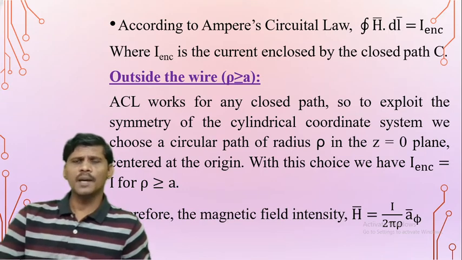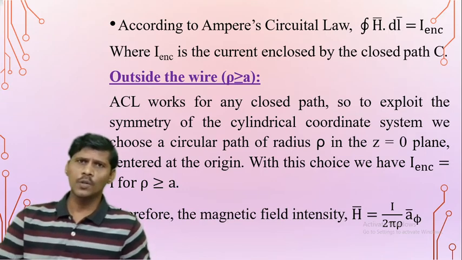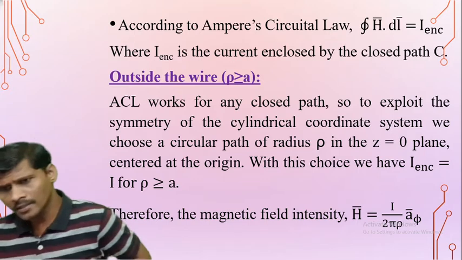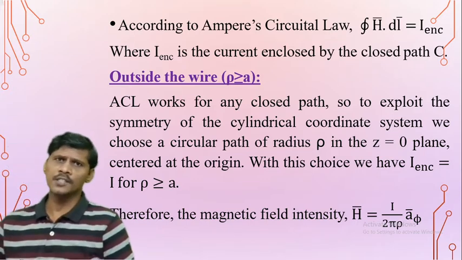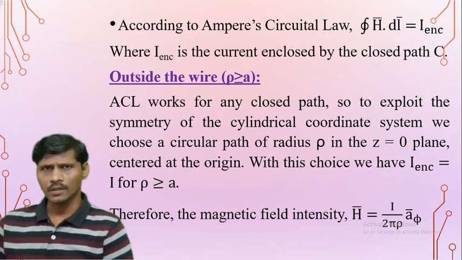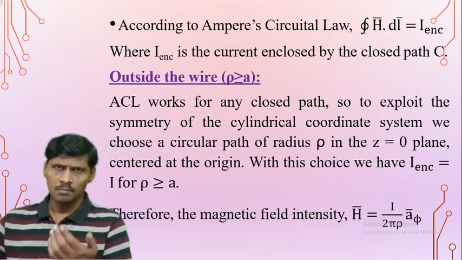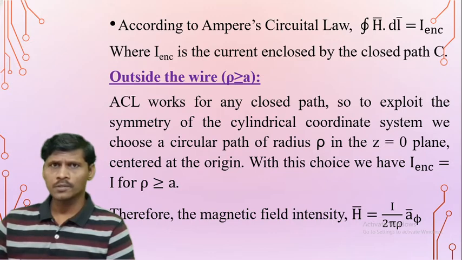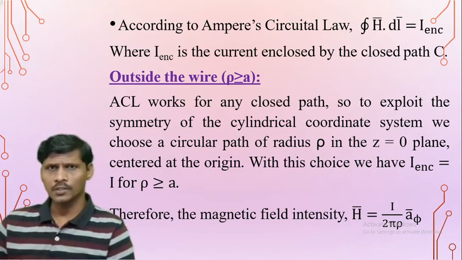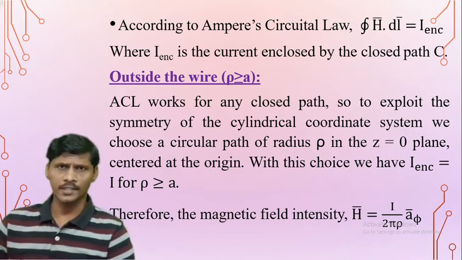Therefore, the magnetic field intensity H bar is equal to I by 2 pi rho into a phi bar. This is already discussed in the application of the Ampere circuit law, where I already derived it. See my regular videos on the Ampere circuit law application, the infinitely long straight conductor application.